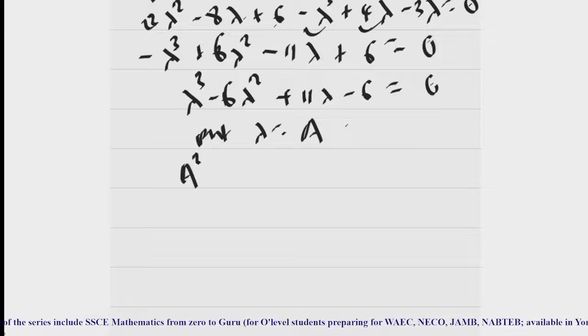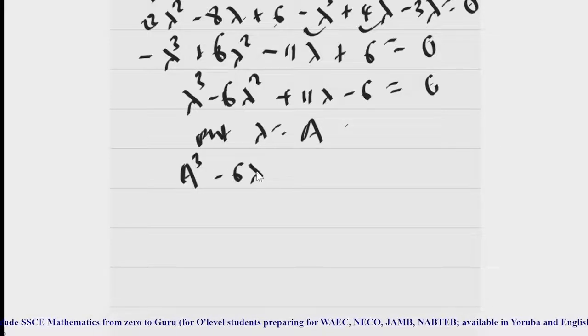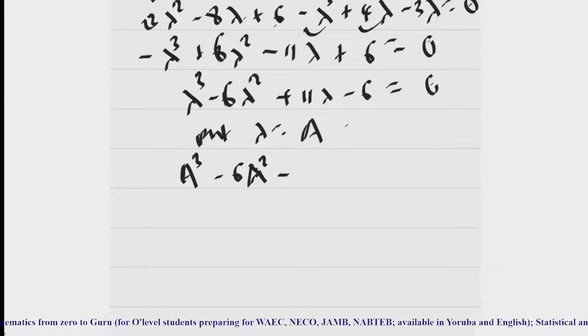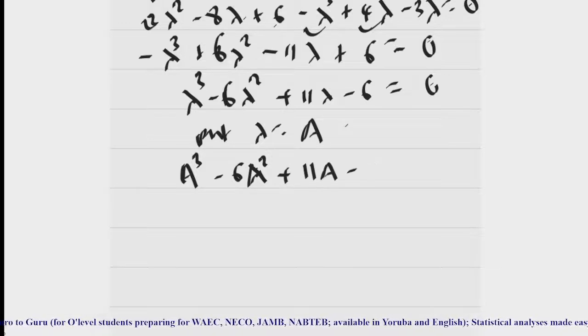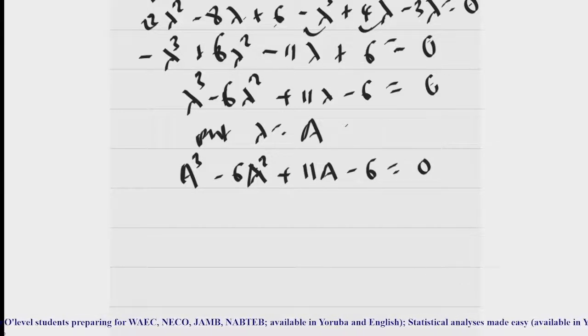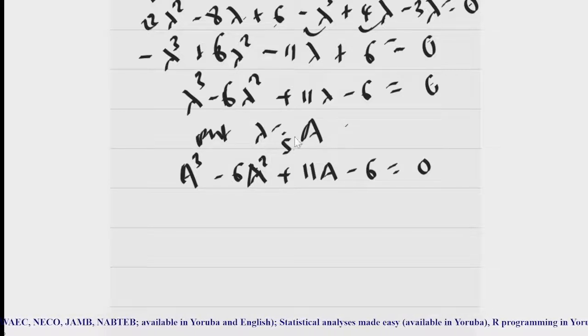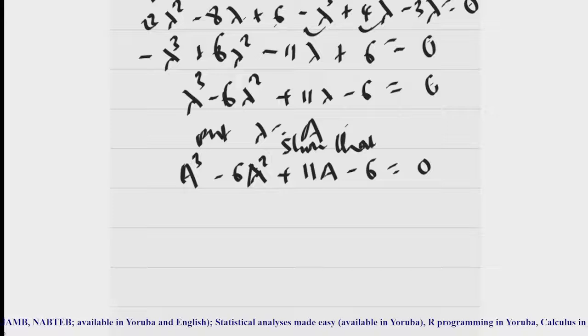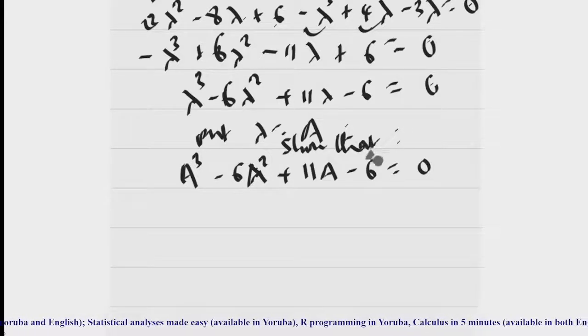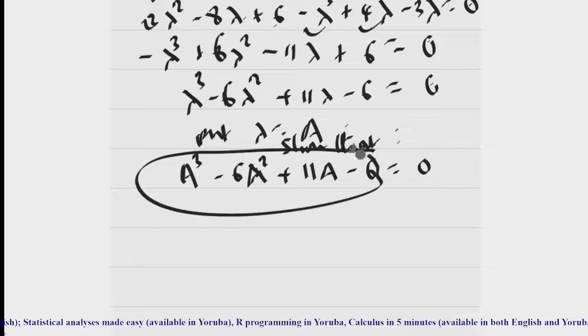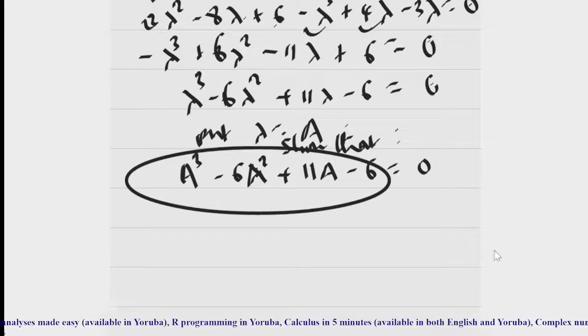And I'm going to have A cube minus 6A squared plus 11A minus 6I is equal to 0. So we want to show that this expression is equal to 0. Okay, let us do that.